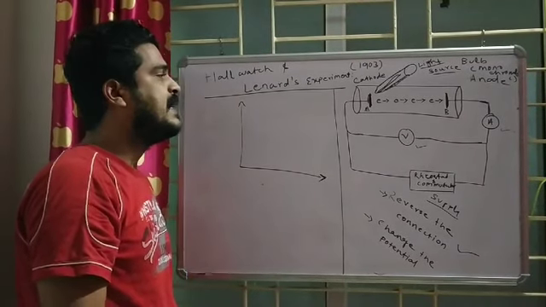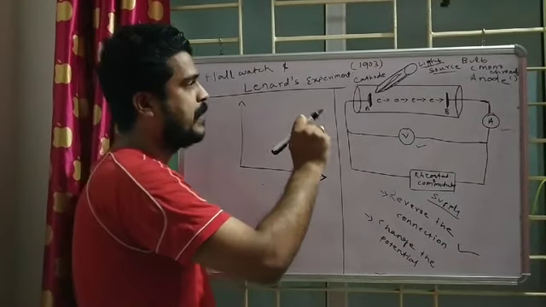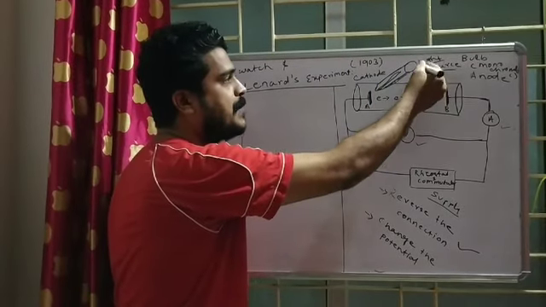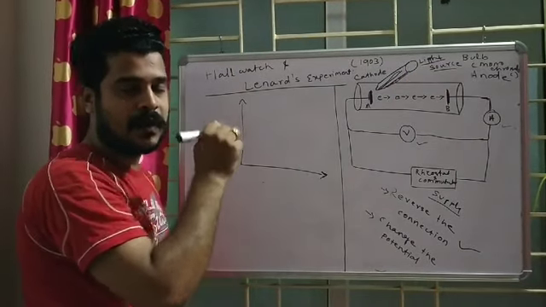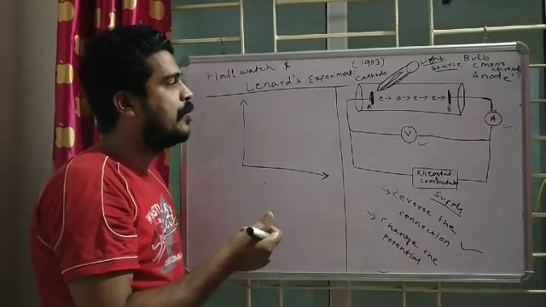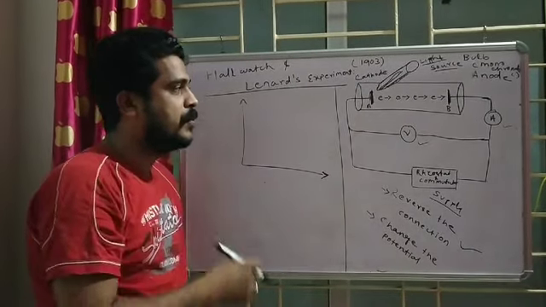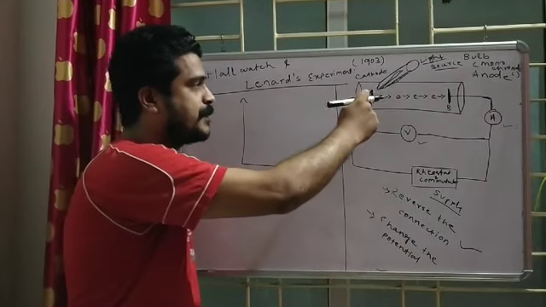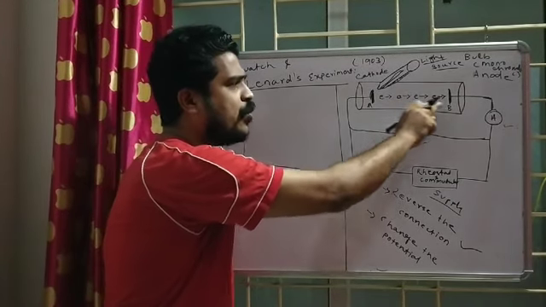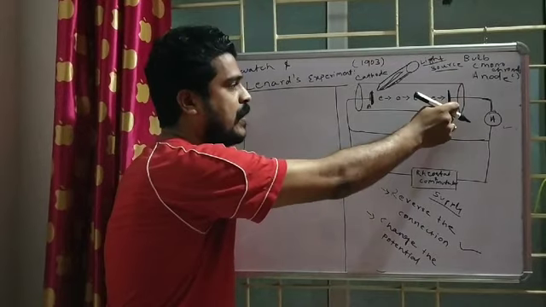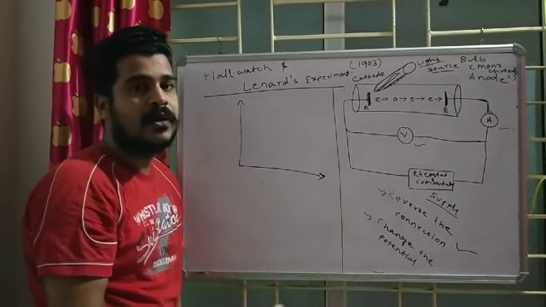Initially they started experimenting: as we increase the intensity of light, what happens? The number of electrons which are getting out of the surface and going towards the anode also increases.